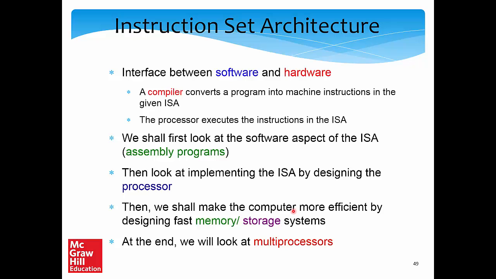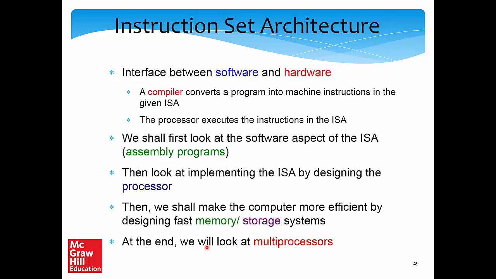So what we shall do is we shall first look at the software aspect of the ISA and how to write low-level programs using processor instructions called assembly programs. Then we shall look at how to implement the ISA by actually designing a processor from scratch. Then we look at making the computer more efficient by designing fast memory and storage systems.